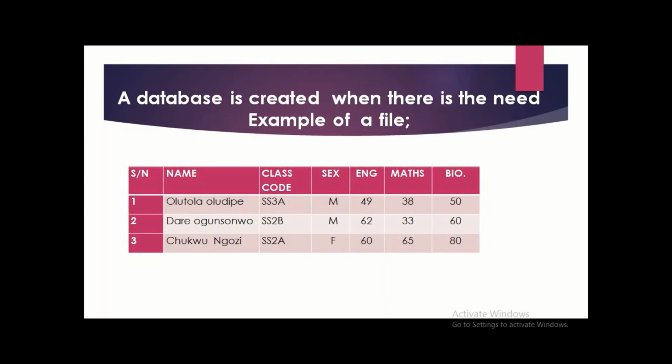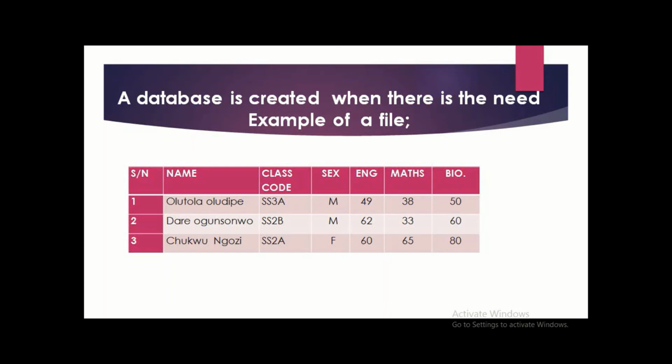Sex: male. The score for mathematics is 38, English is 49, and biology is 50. So what are the data for Olutola Oludipe? The class code, the sex, the English score, the mathematics score, and the biology score.